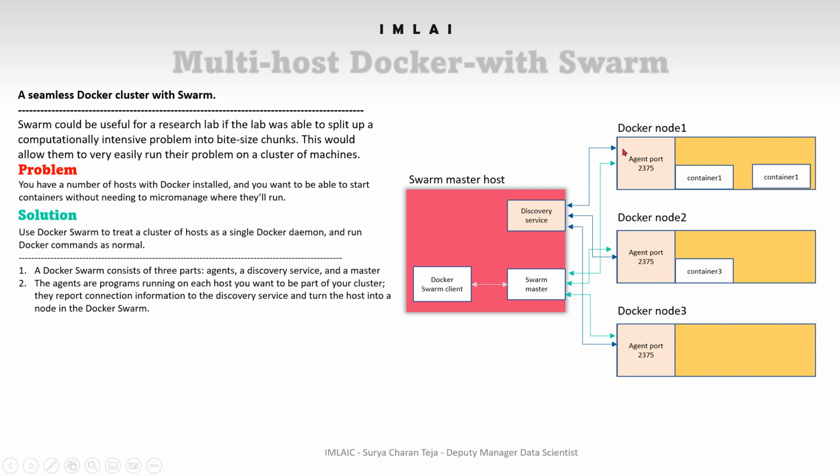So three nodes: Docker node 1, Docker node 2, Docker node 3. The discovery service is the one that finds out the list of nodes present in the cluster. From that point on, you can run commands against the cluster by directly connecting to the master, which will forward requests to agents.